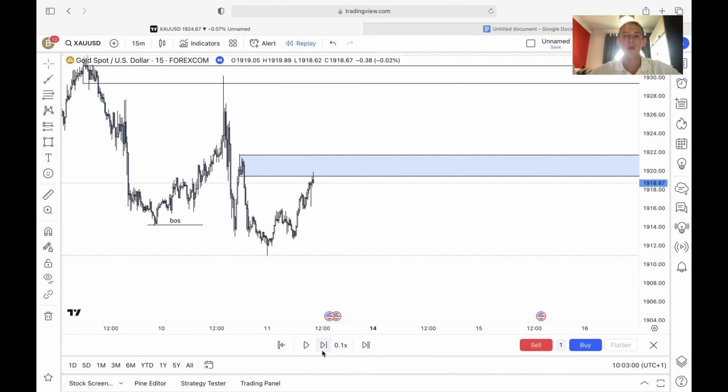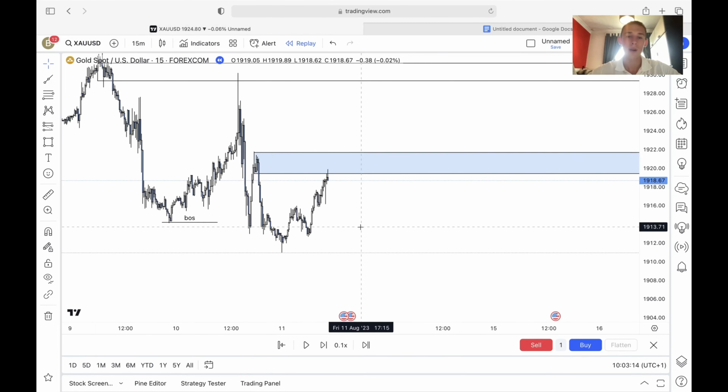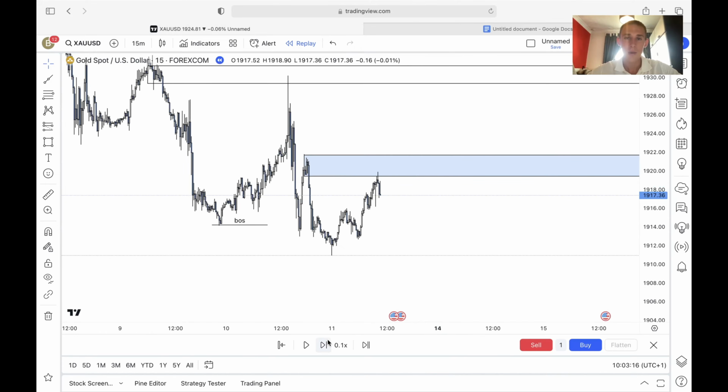Like so. So once price is in our area, like I mentioned before, we want to see the lower time frame entry model: sweep of liquidity, change of character, imbalanced area of supply or demand. Let's see if we get that.